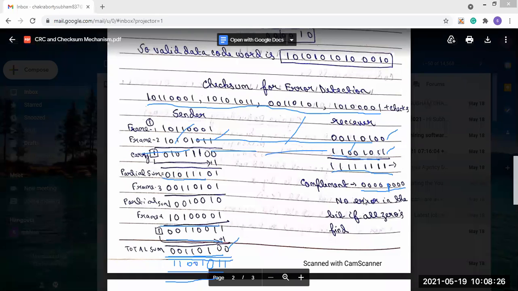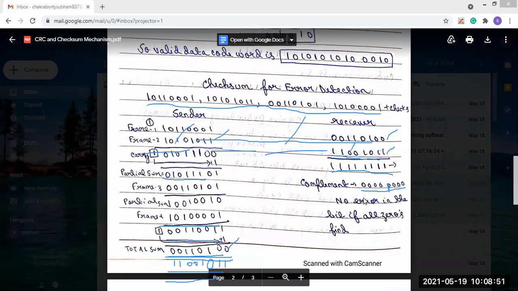For that reason, error detection and correction codes are used, and for correction you have to use the Hamming code. The Hamming code will directly say that the error is generated at this location. Checksum is mainly detection only; it only says whether there is an error or not.